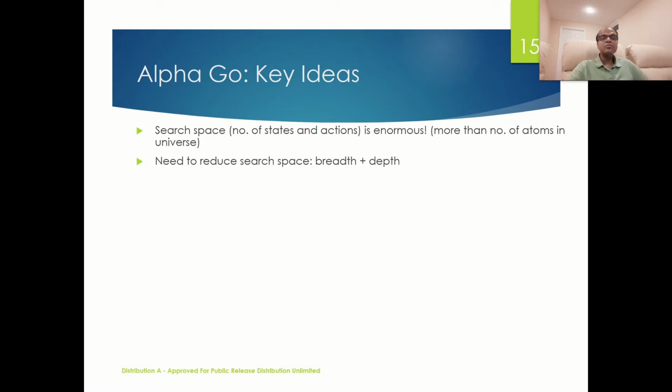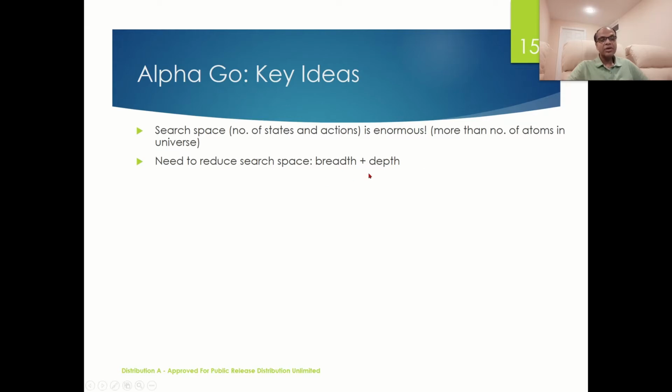You cannot take decisions in real time, or even if you pre-compute, the pre-computation time will be so large that it will not be practical to solve. So what researchers proposed is we have to find a way to reduce the search space, both in terms of the breadth and in terms of the depth.